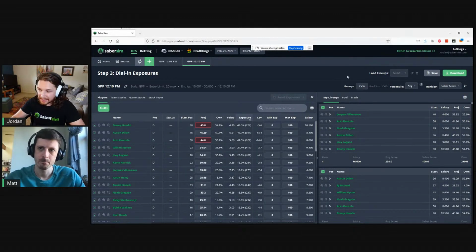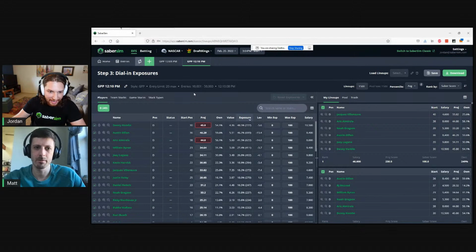I think you can actually safely go with your gut way more with SaberSim than with other tools, because you're never going to land in a bad spot. You're playing a different angle. Even if you took a complete full fade of the chalkiest, best projected driver on the track, you're going to land with 150 or 20 or 50 or 1 or however many lineups you're playing of a different optimal, of the way that the race can just play.